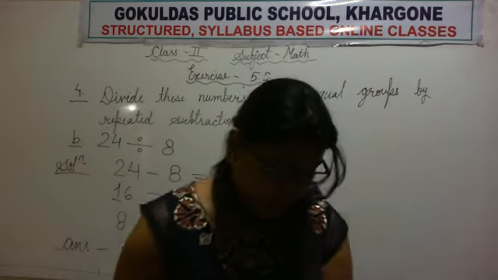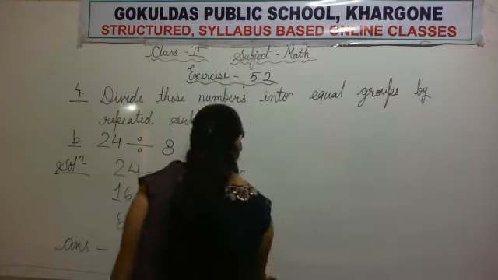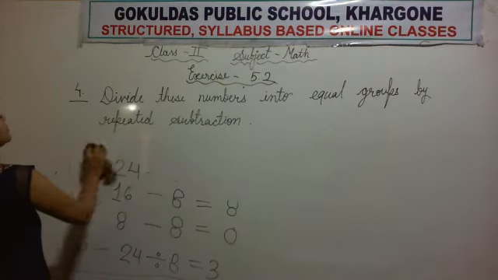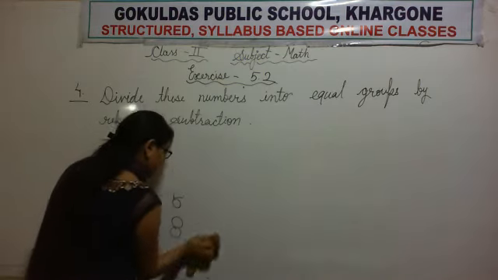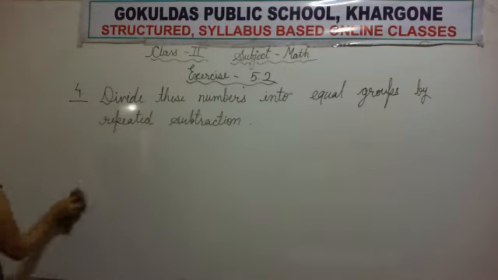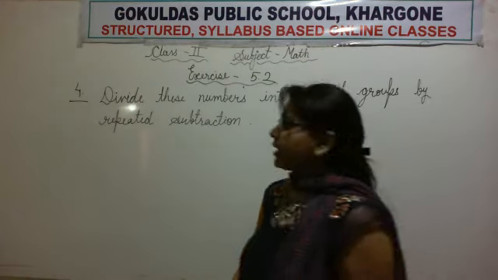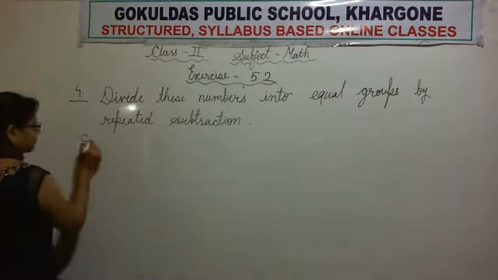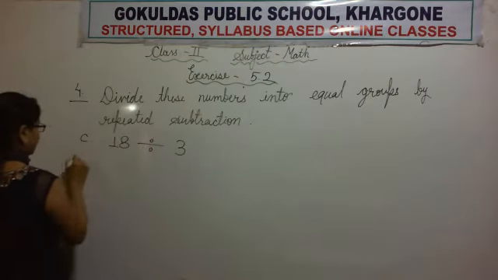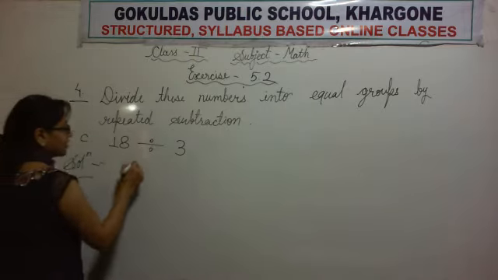So now moving forward, part C. Hope you have noted down this part B, question and its solution. Okay. So part C is 18 divided by 3. So let's solve it, dear students.